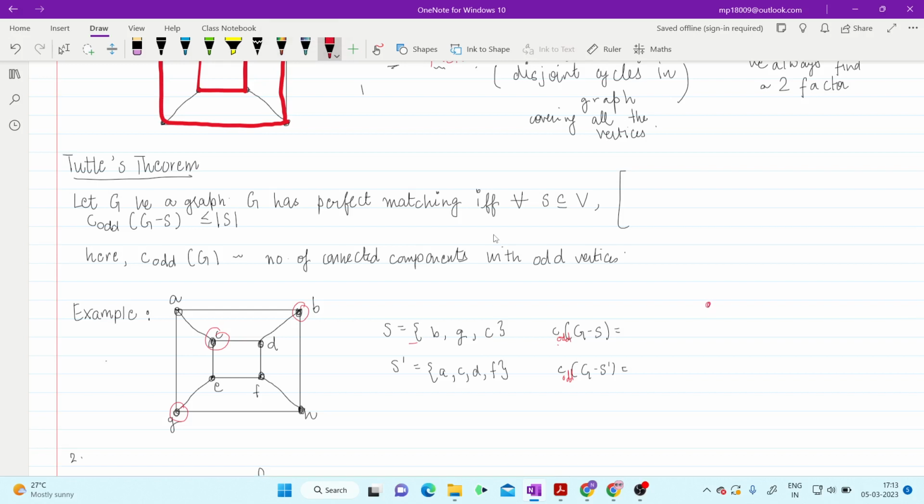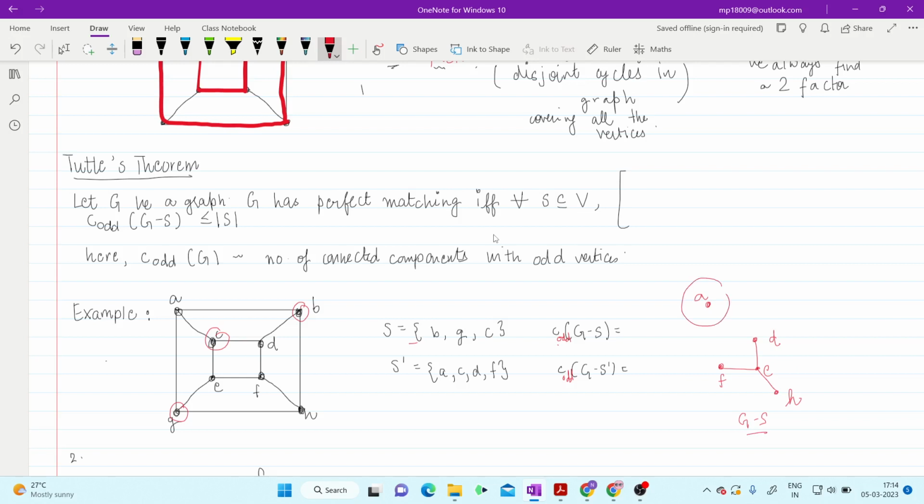I am left with this graph: A, D, E, F, and H. This is my G minus S. In this graph, how many odd connected components are there?